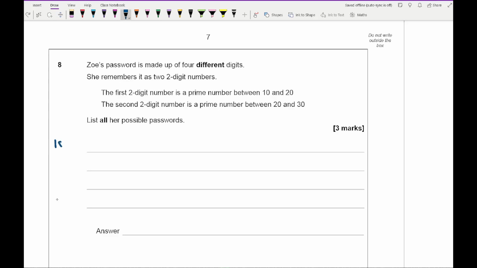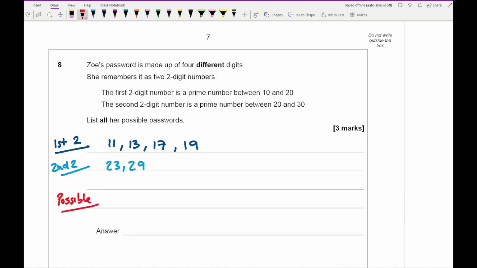In terms of the first one, the prime numbers between 10 and 20 are 11, 13, 17 and 19. In terms of the second one, prime numbers between 20 and 30, there's only 2 options, which is 23 and 29. So the possible options we could have: I'm picking one of these and then writing down the 2 other numbers.